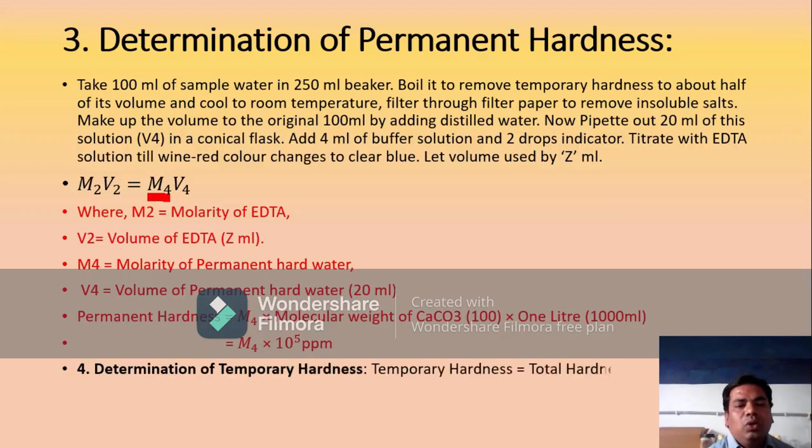Okay, right. Next, determination of temporary hardness. How do we determine temporary hardness? Temporary hardness is equal to total hardness minus permanent hardness. You will get the temporary hardness, because when we boil, the bicarbonates all evaporate. Total hardness is equal to temporary hardness plus permanent hardness. But we know the total hardness and permanent hardness of the water sample. So by using the above data we can calculate temporary hardness, which is equal to total hardness minus permanent hardness.